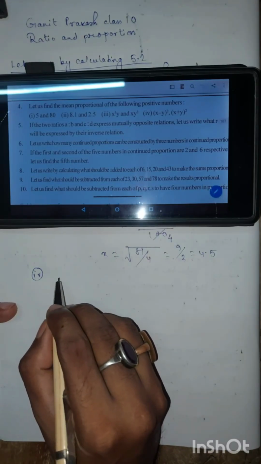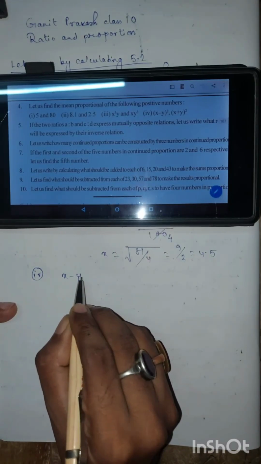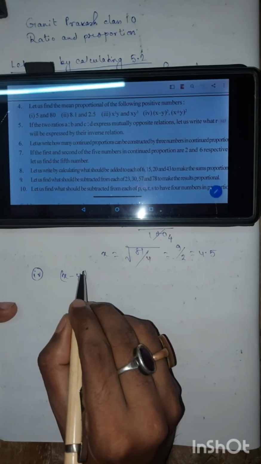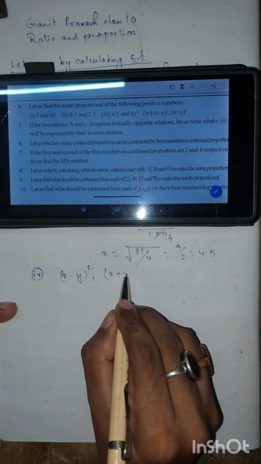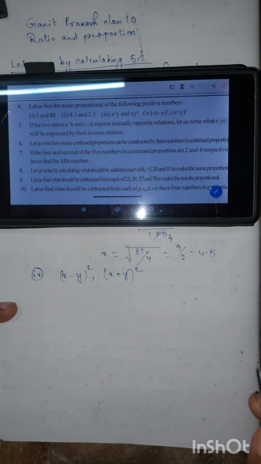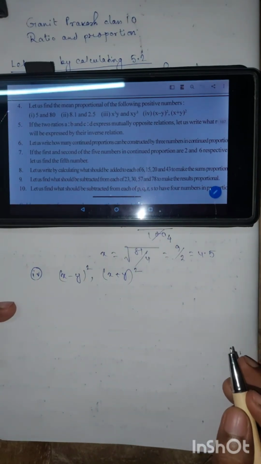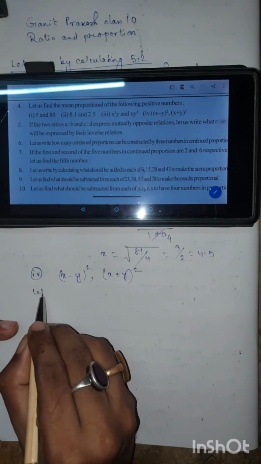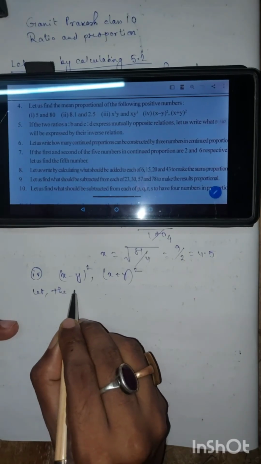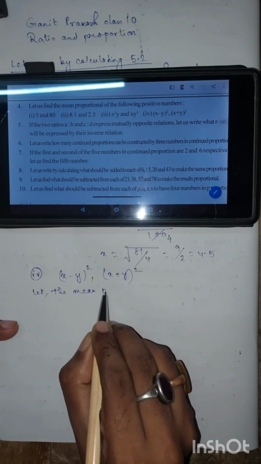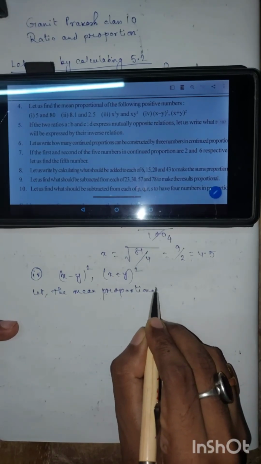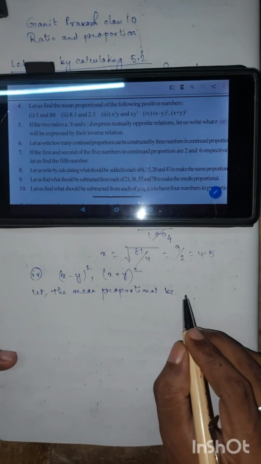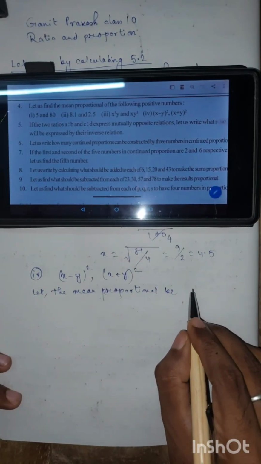The given numbers are x minus y whole square, comma x plus y whole square. Let the mean proportional be z.